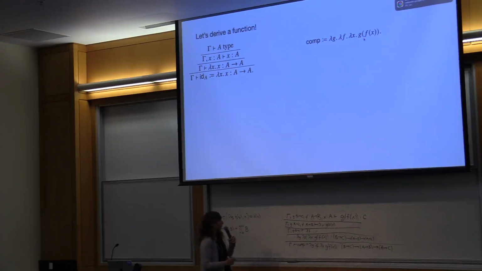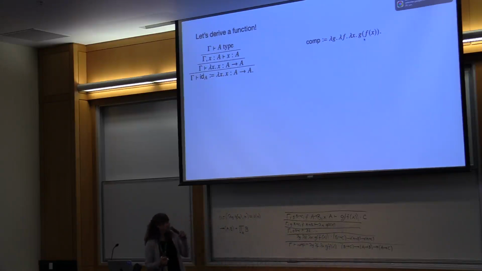Okay. Now what? A is a type, yes, but what are we doing with this? Gamma does need to be a type, but maybe that's there. Okay. What rule are we trying to use? That's my question. Evaluation. Okay.